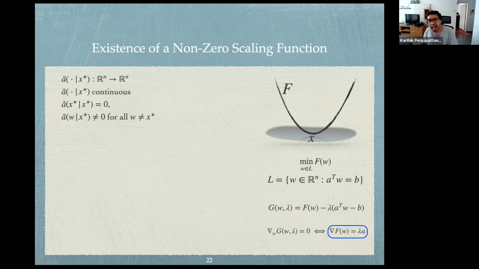The gradient of f has to be related to the A. Notice that the L I have taken here is an n-1 dimensional set. It has only one measurement, A transpose W equal to B. So the gradient of f has to be a scaled multiple of A at the point of minimizer.